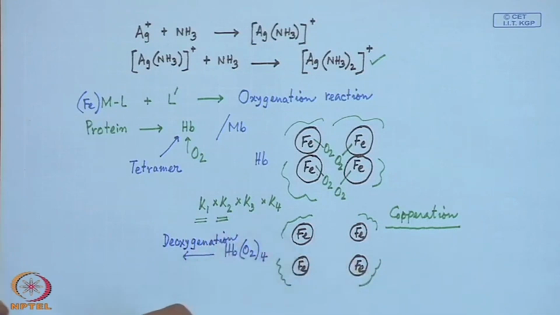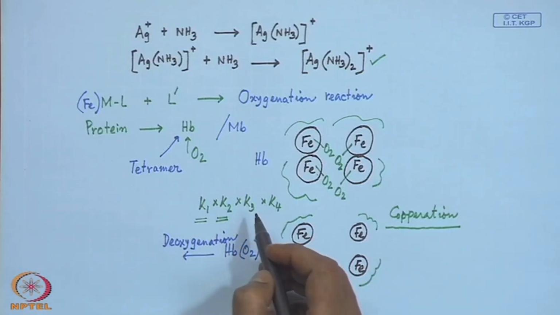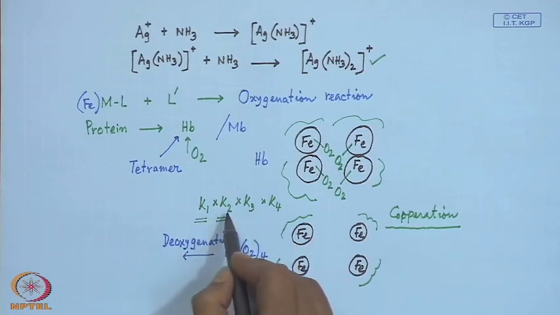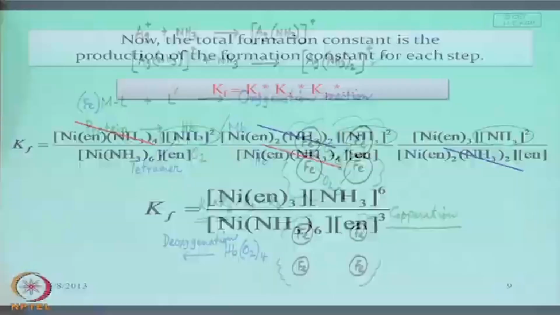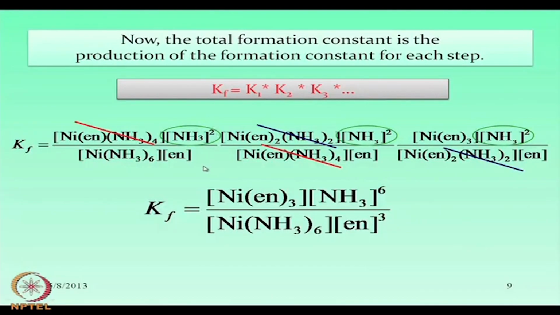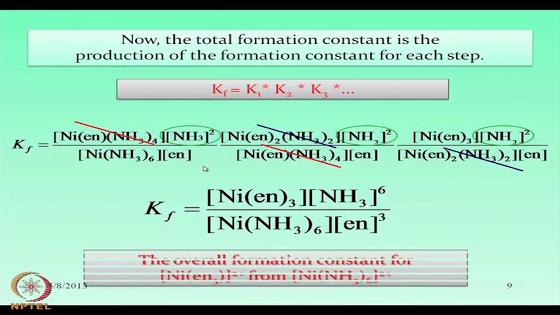So, these are all interrelated, but for the time being we will come back again to this aspect of binding in the biological system, where we see again that these K1, K2, K3 and K4 values are clearly observable in case of the hemoglobin molecule for binding of O2.